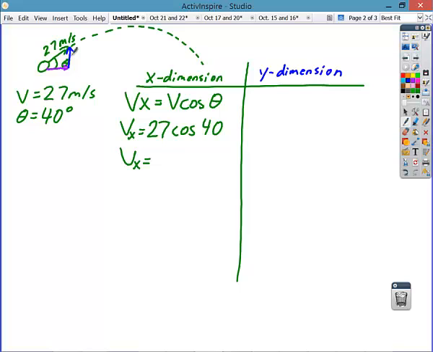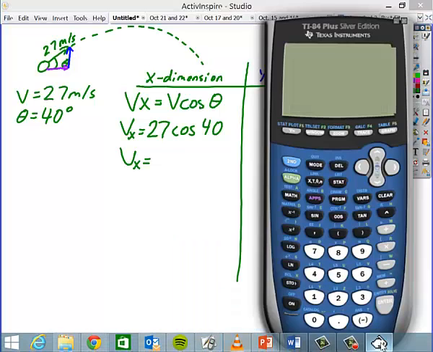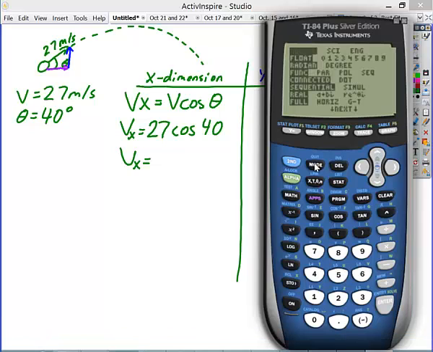Cool? So our velocity in the x dimension, guys, we're going to pull out our calculator. If you have a graphing calculator, first thing that you have to do is hit mode and make sure it's in degrees. Right now it's in radians, okay? If we try and solve this using radians, it's going to be bad.